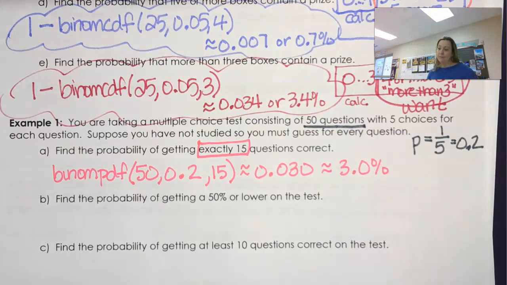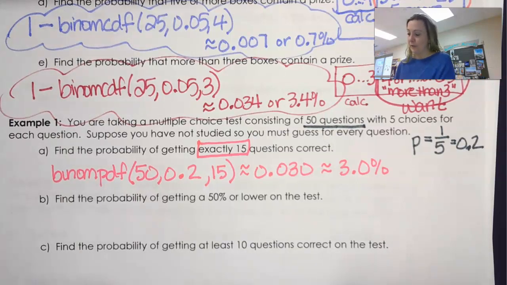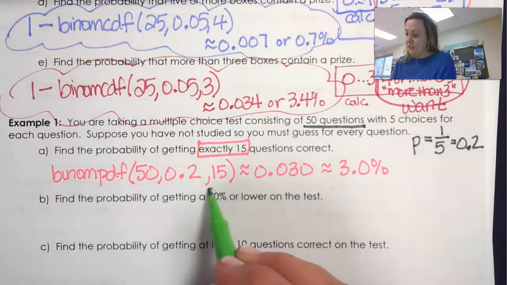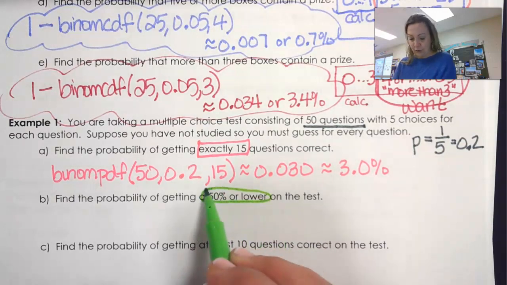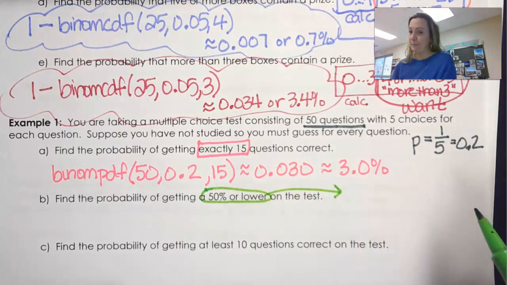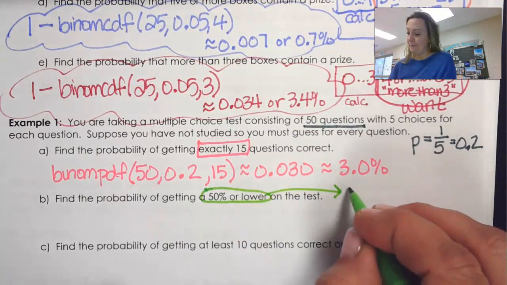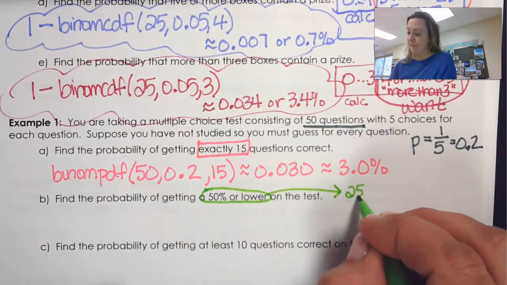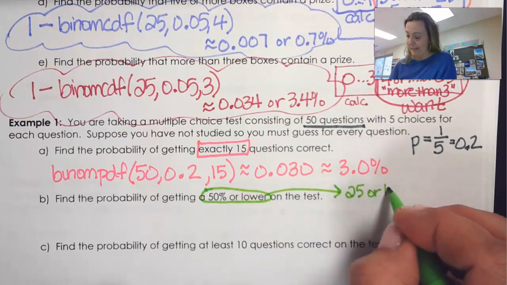Now in example 1B, it says to find the probability of getting a 50% or lower on the test. So a 50% would be half of them, which would be 25 or less.